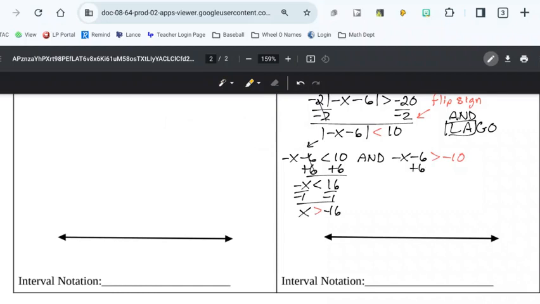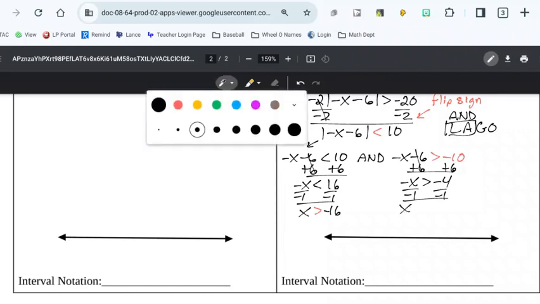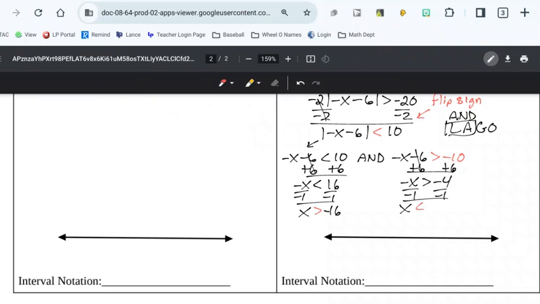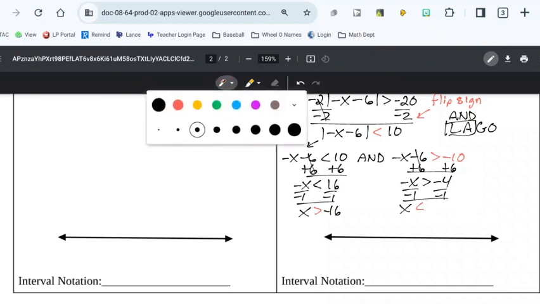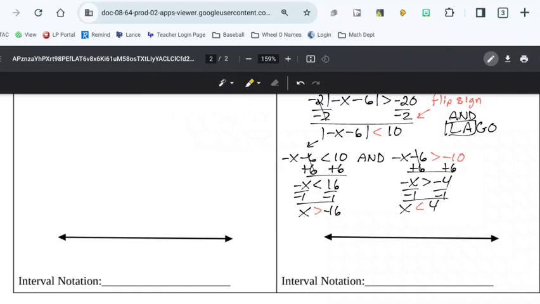And then over here, we go through the same process. Negative x is greater than negative 4. Divide by a negative 1. So we have another sign flip. x is less than 4. And it's an and problem.